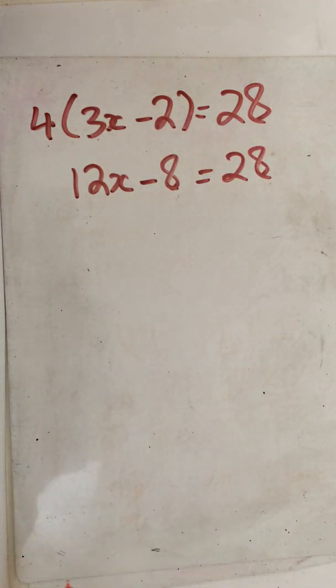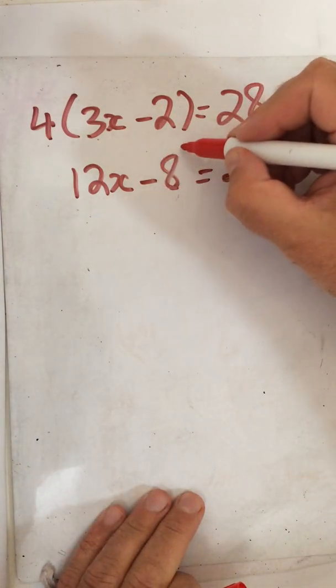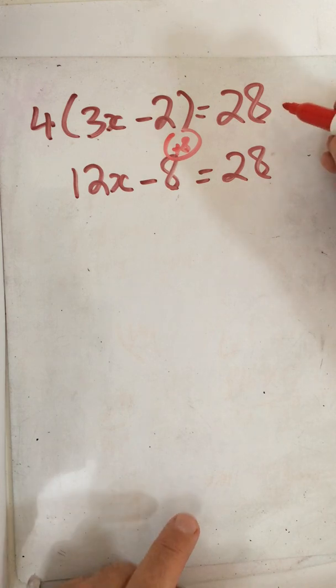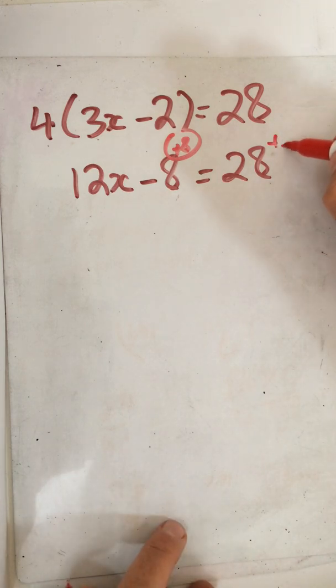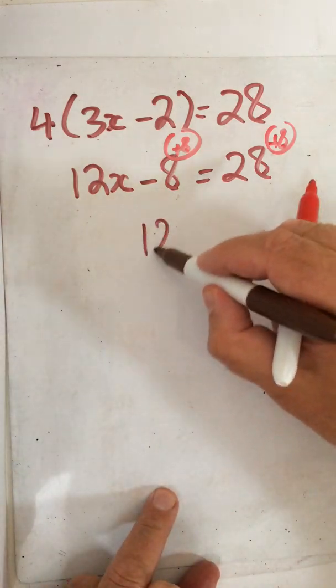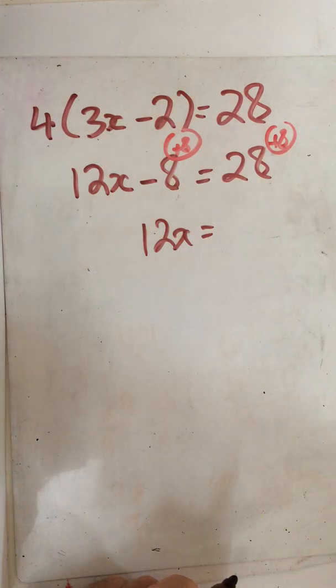When I've expanded the brackets, the rest is easy, isn't it? We follow the same rules that we have previously. We want to get rid of the minus 8, so we will add 8. It's the balance method, so we add it on both sides. So now we've got 12x is equal to 28 plus 8, 36.